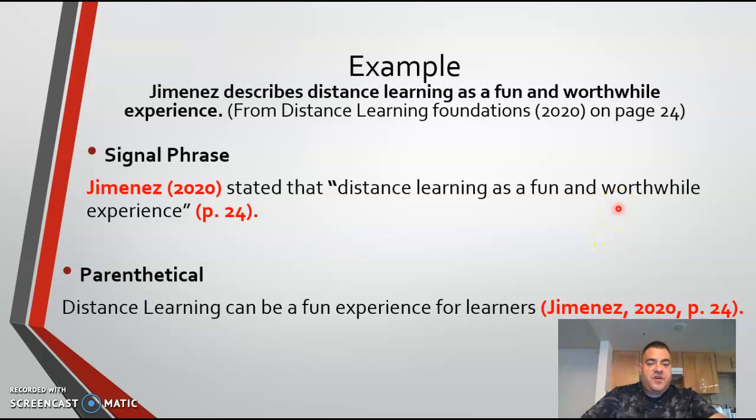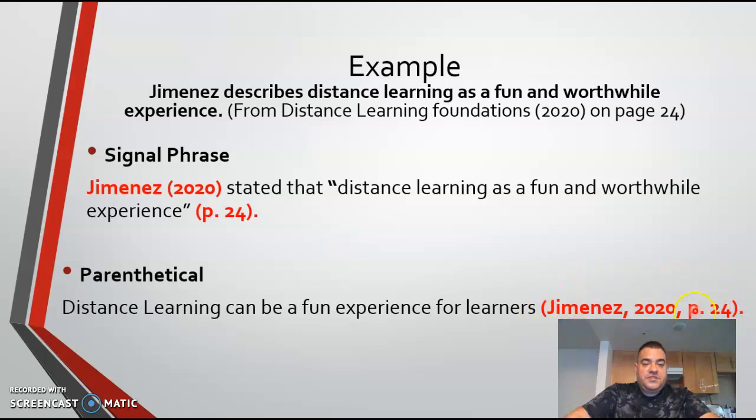But what if I was simply referring to it, and let's say I had already quoted Jimenez a couple times, and I wanted to just simply give credit to the idea that he had. So using the guidelines in the 6th edition of the APA manual, we can just simply say that distance learning can be a fun experience for learners, followed by, in parentheses altogether, last name of the author, year, and page number.